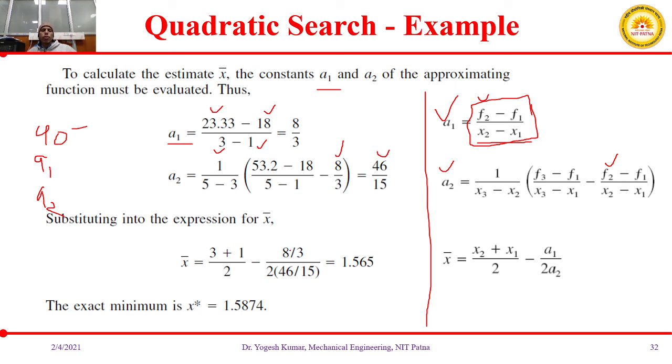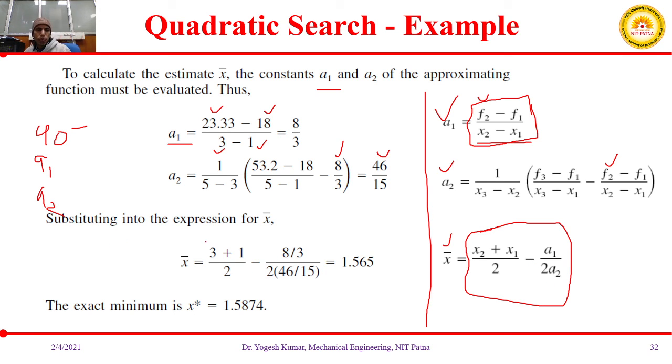Now we can calculate the approximate value of the optimum. We can calculate using x bar equal to (x2 plus x1) upon 2 minus a1 upon 2a2.